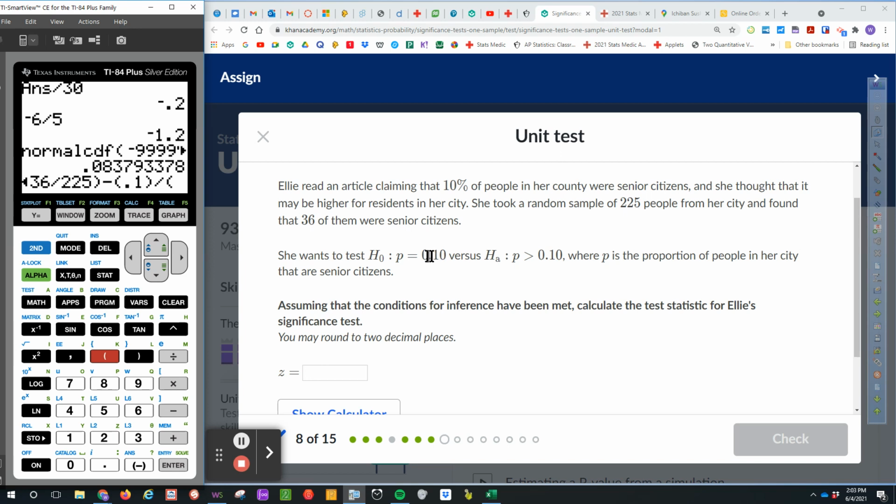I need to find the p, which is 0.1 times 1 minus 0.1, and then divide by the sample size n, which is 225, and close the bracket.